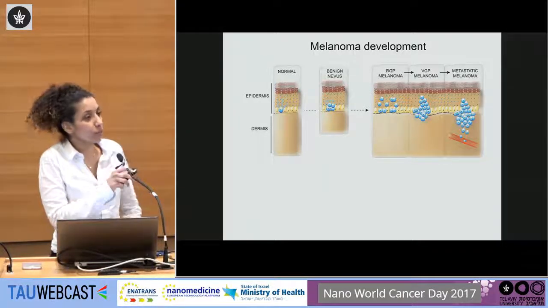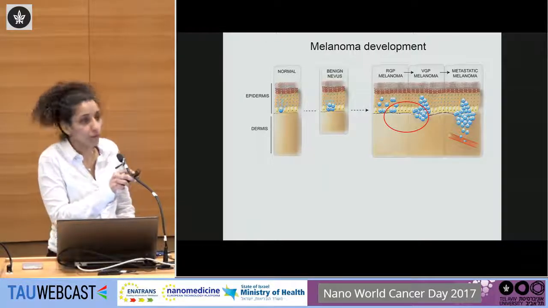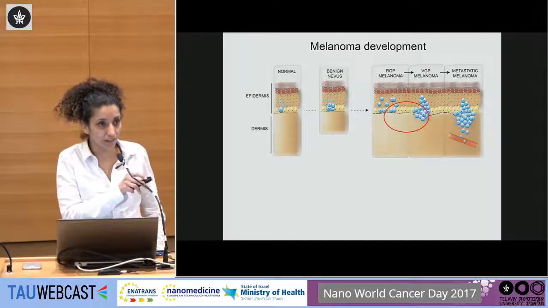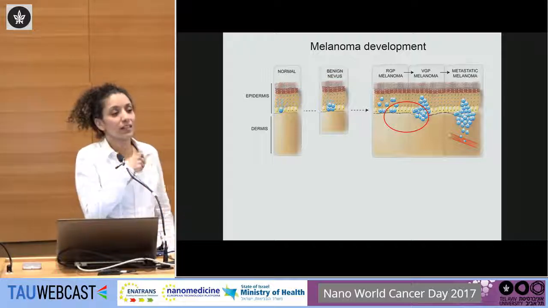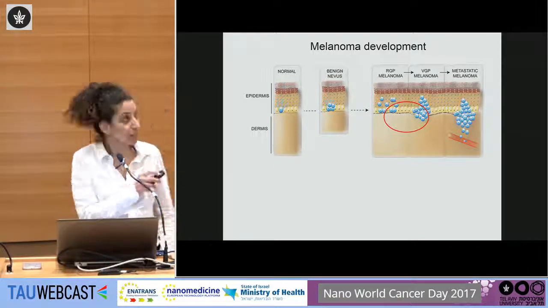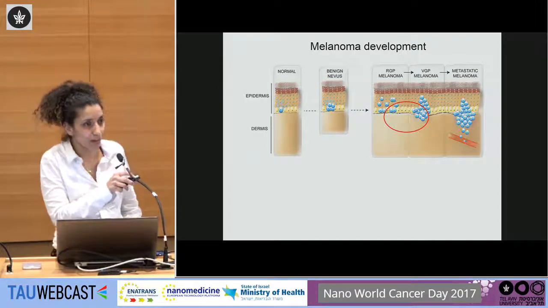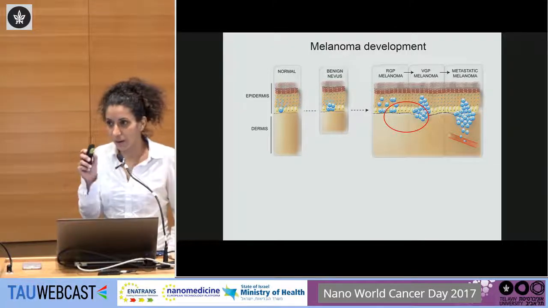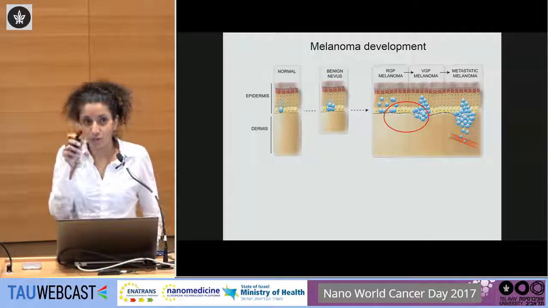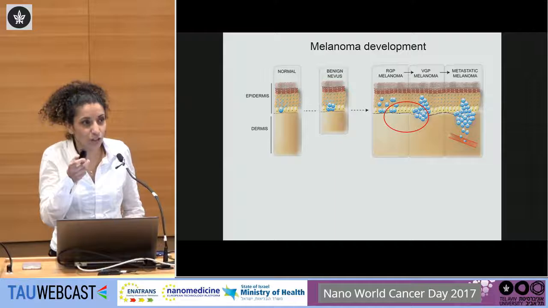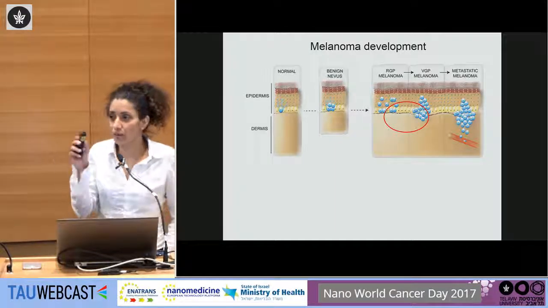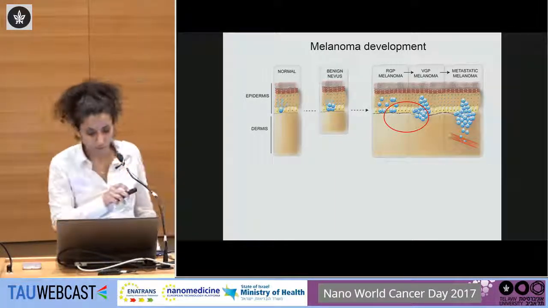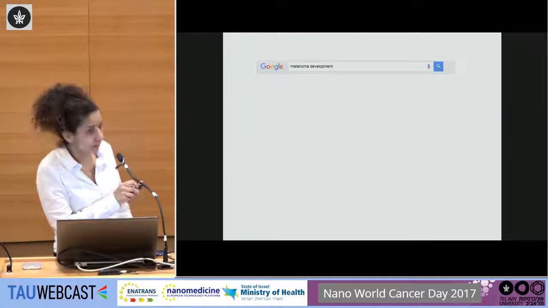And then there is a switch. For unknown reasons, cells start penetrating down to the dermis, into the basically lethal stage of the disease. So this switch between these two stages is very, very critical to diagnose, to block, to understand what's going on there. And it was a big question mark when we started the research.